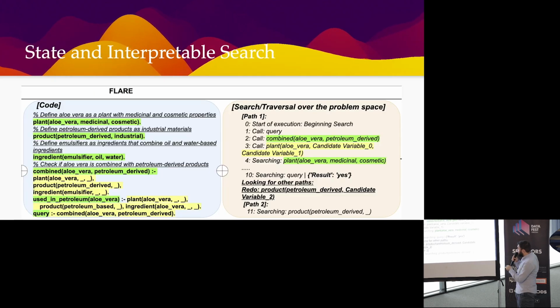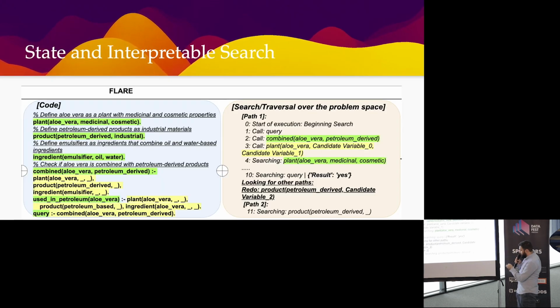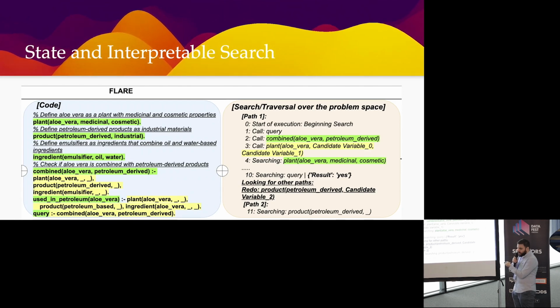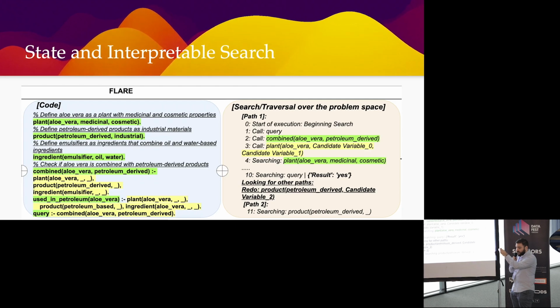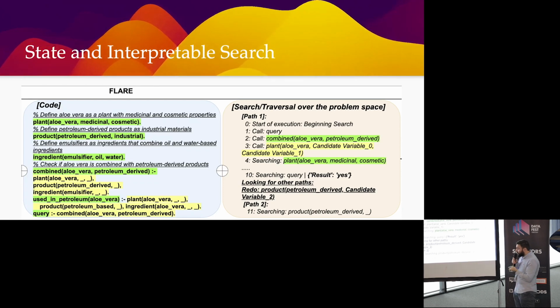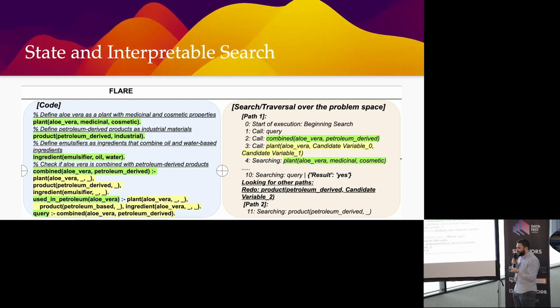So essentially, let's say we have the code that we have written and the search that comes after the code. The search is essentially a DFS that is using the facts and relations in the code. If during this search we have a fact that is never mentioned in the code, the model is very likely hallucinating.